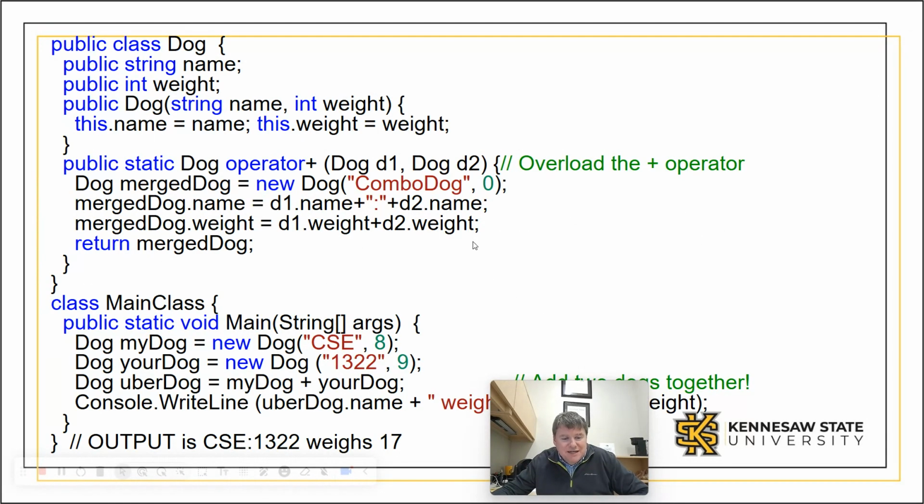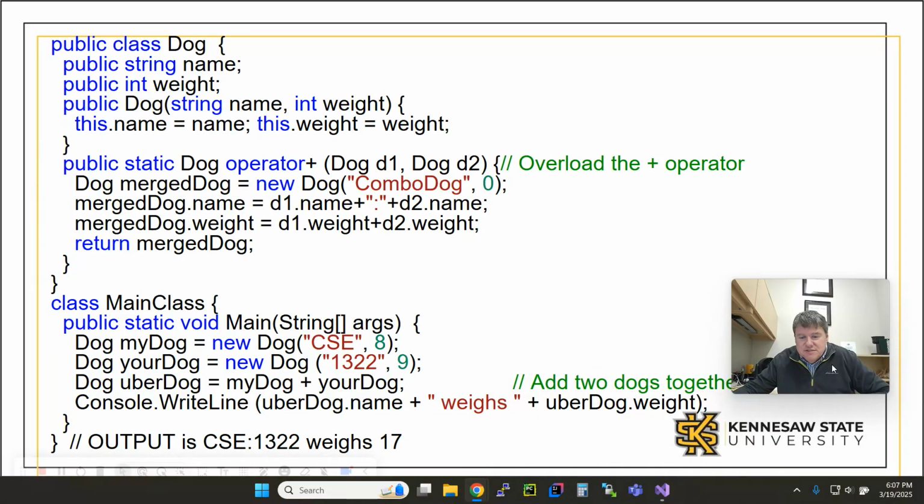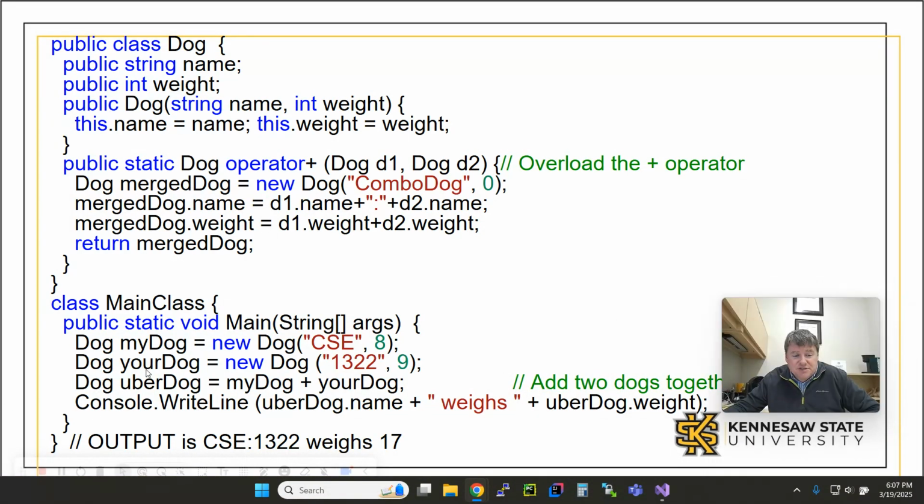All right, so let's do an example because this probably makes no sense to you what I'm talking about. So we have a dog, we called it my dog, and my dog apparently has a name of CSE. Here, CSE, good boy. And it also has a weight of 8. We'll assume pounds. Your dog, on the other hand, has a name of 1322.